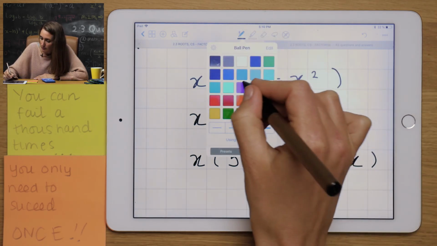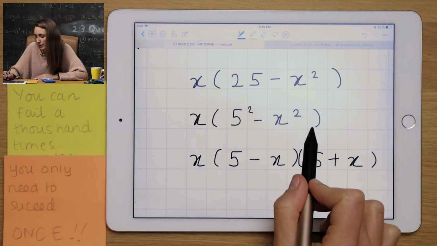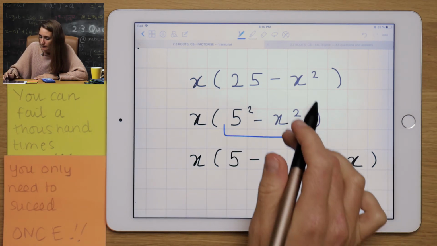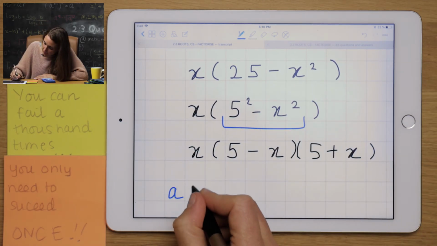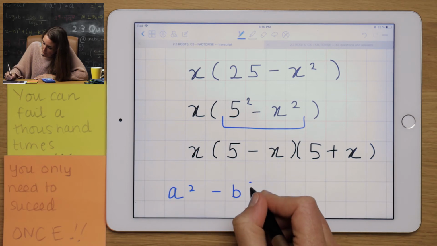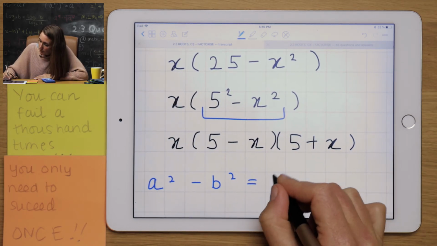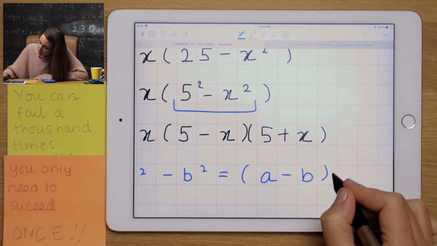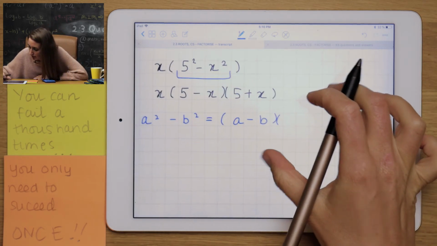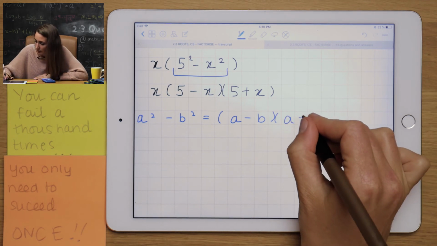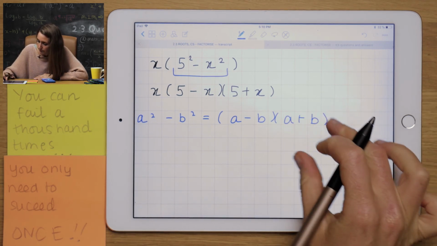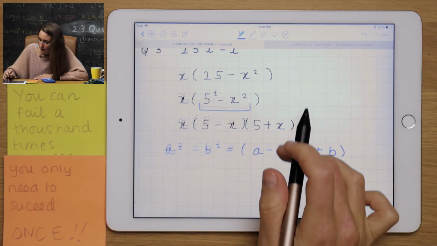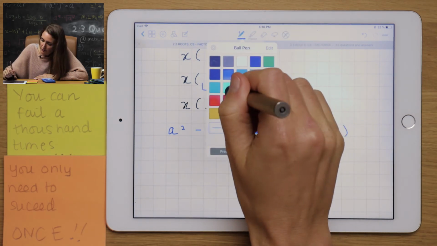Once again, using the rule on this part here, that a squared minus b squared is equal to a minus b times by a plus b. So that's my factorized version.